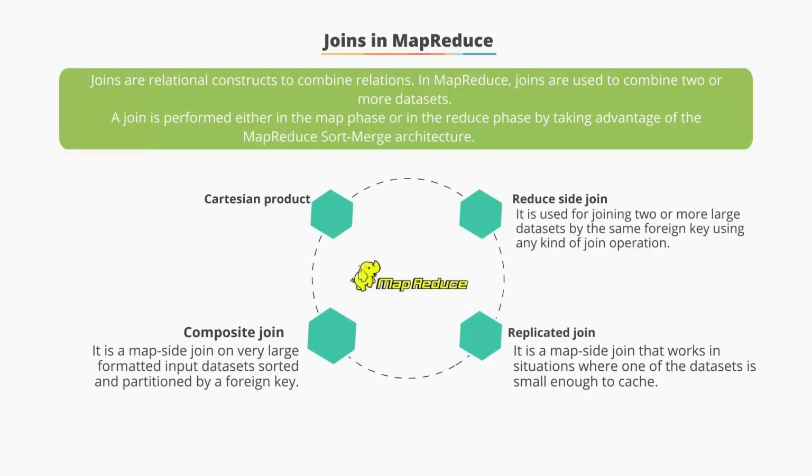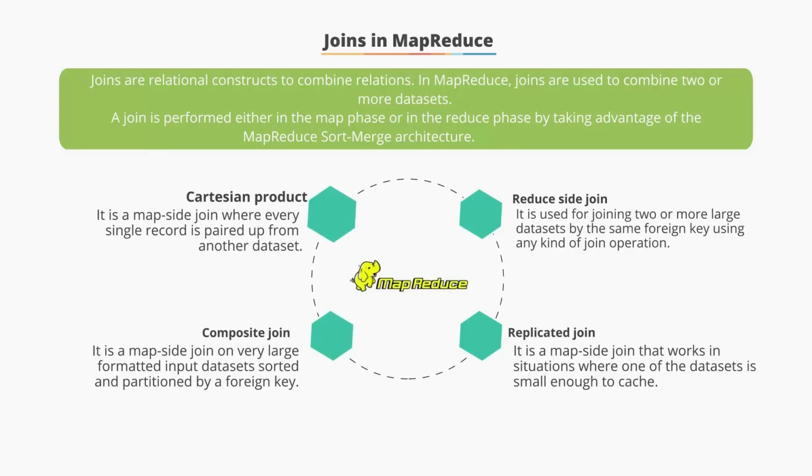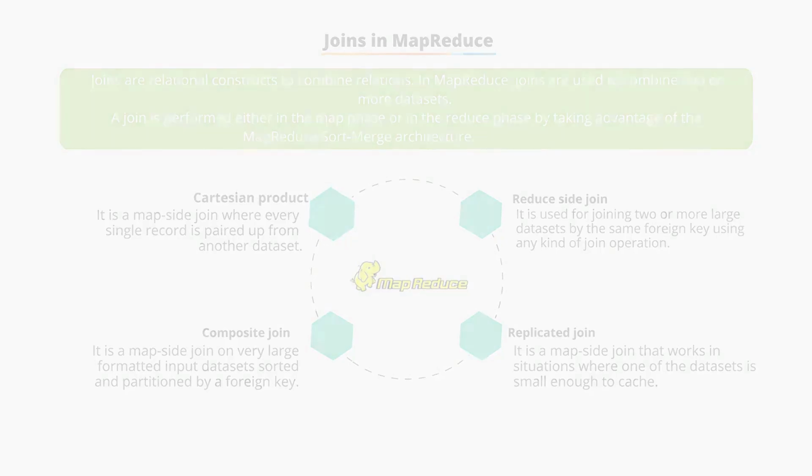A composite join is a map side join used on very large formatted input datasets, sorted and partitioned by a foreign key. And lastly, a Cartesian product is a map side join where every single record is paired up with another full dataset. This style of join typically takes a significantly longer period of time to execute.